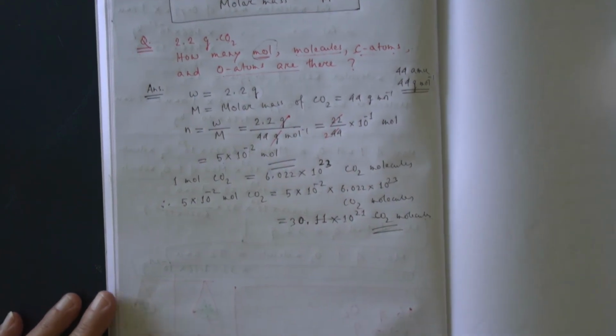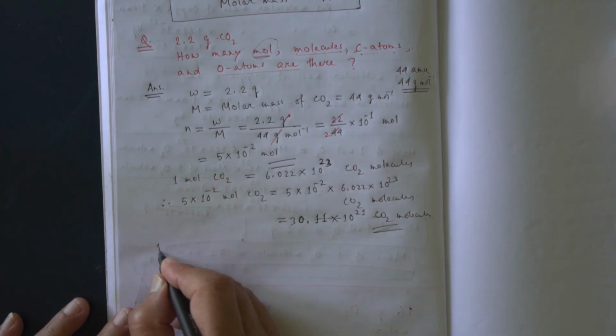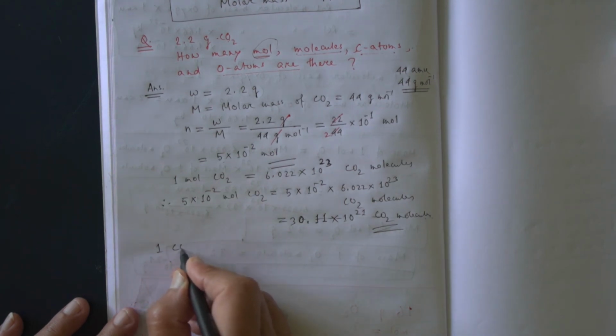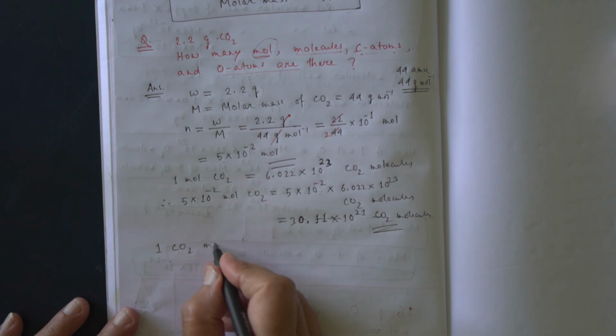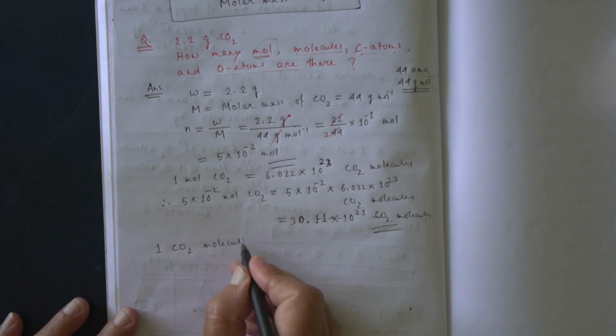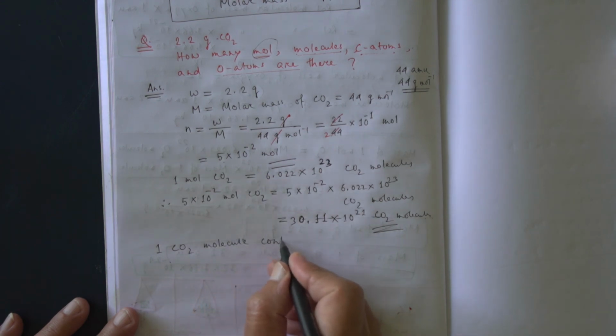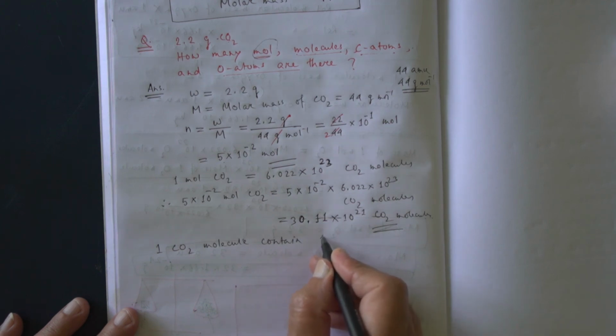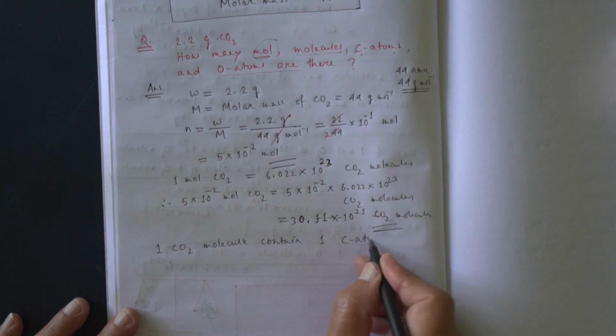Okay, now 1 carbon dioxide molecule contains 1 carbon atom.